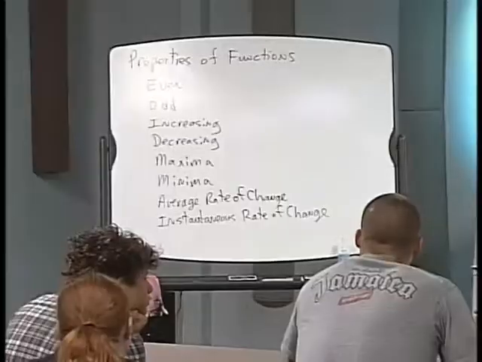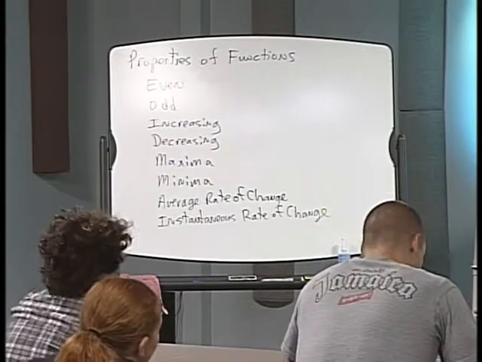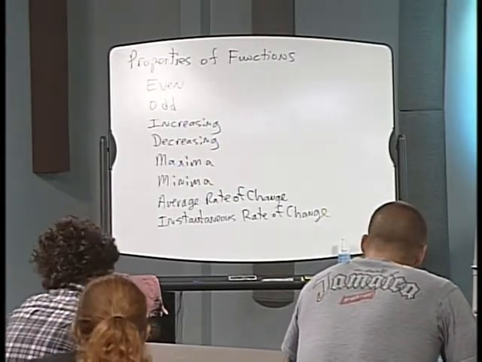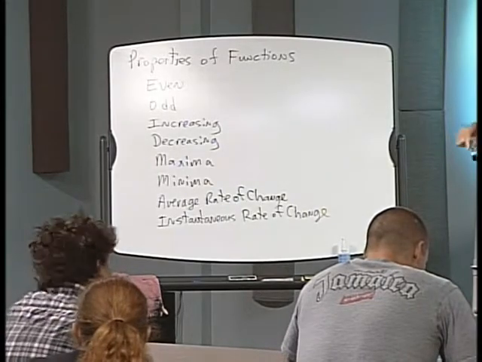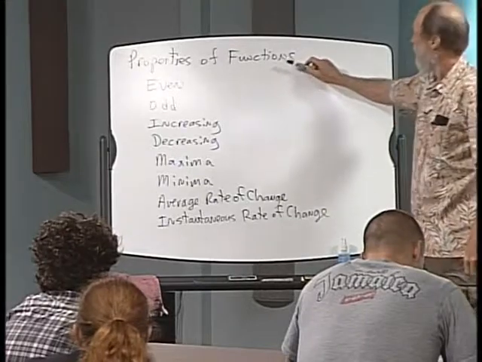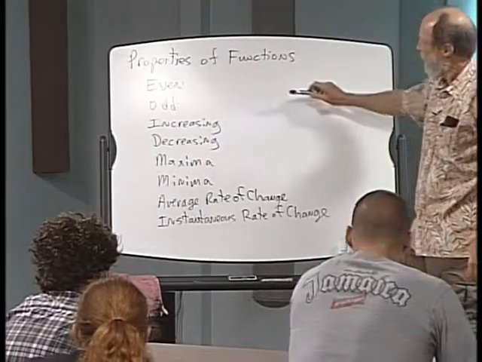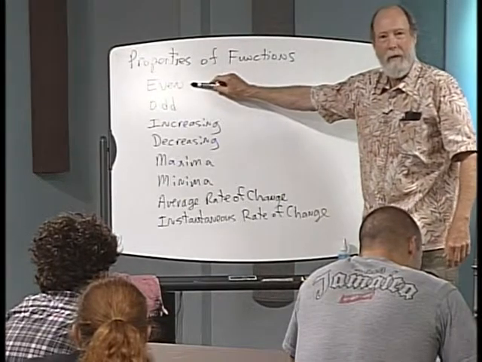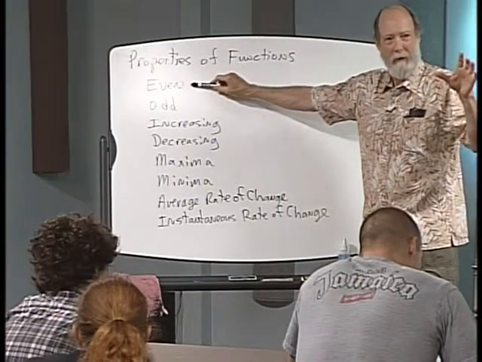So let's look at this board for a second, because I want to point out what we want to cover today. We've already done a number of these items, but I want to organize and summarize it all. We're going to be covering properties of functions. A function can be even, and I'll give you a little preview on each of these items.